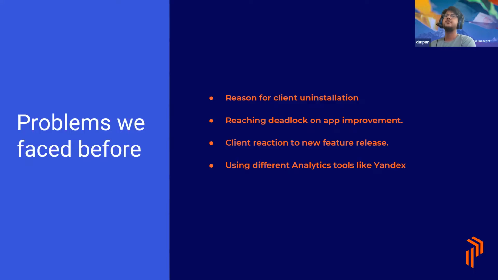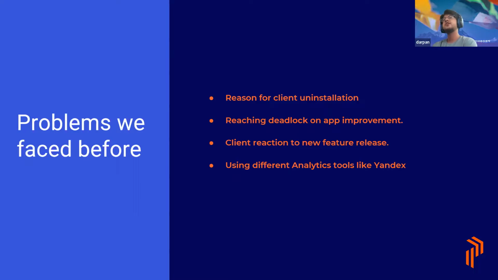Some clients would reach out and say they would like to see a certain feature, and we would develop that feature and release it. However, we did not know how the other clients who did not request that feature were performing using it. That was a huge problem we were facing before.